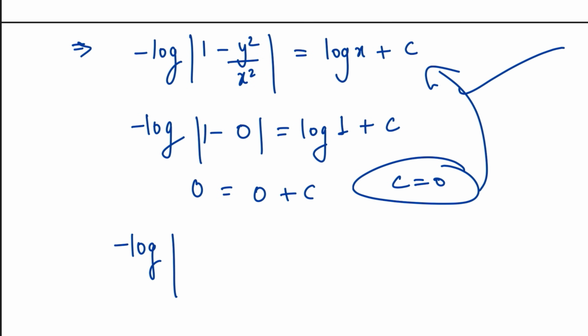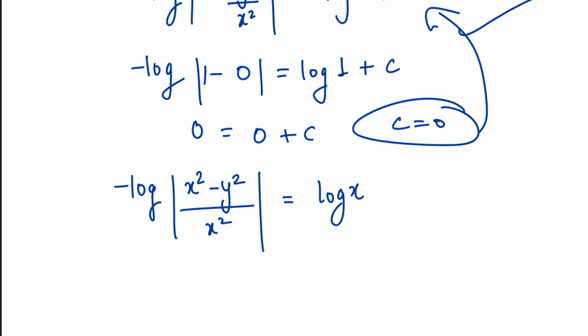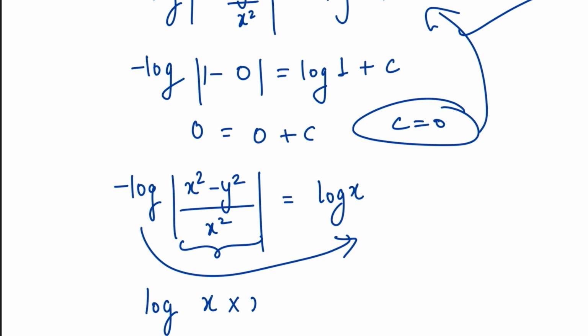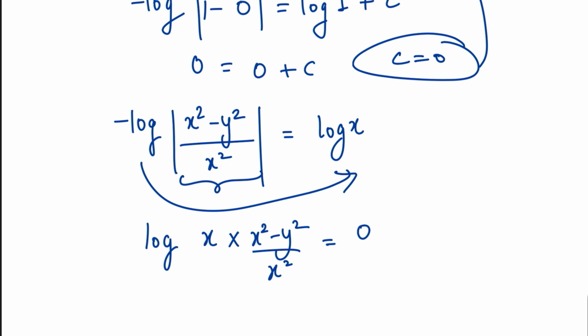Minus log x square minus y square upon x square is equal to log x. If I take this log on the right hand side, then log x plus log this part, that means log of x into x square minus y square upon x square is equal to 0.